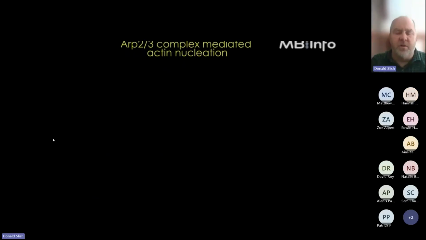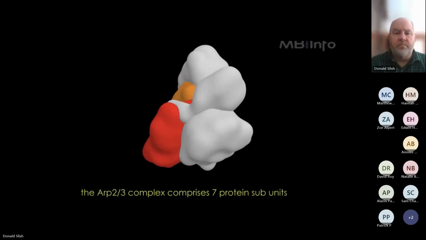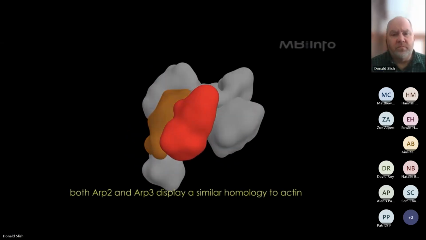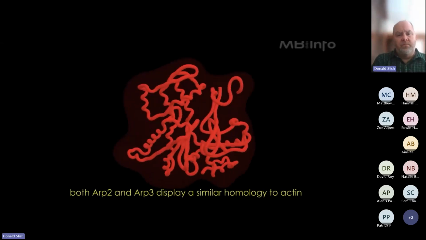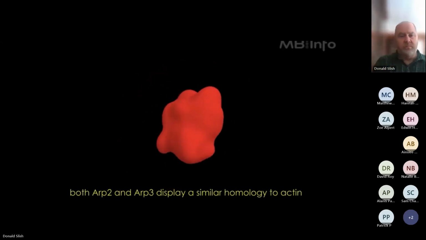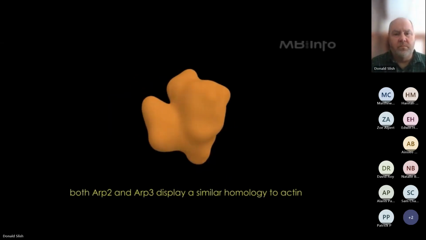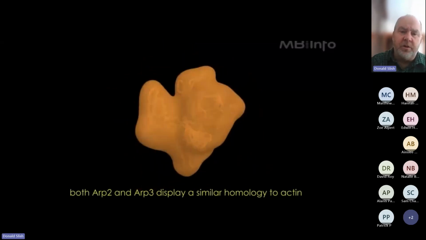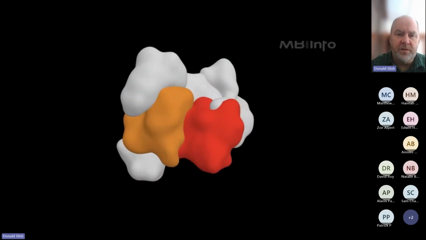So here's your branching now. ARP2 and ARP3 look a lot like actin, and that's what's going to allow them to nucleate a new chain off the side.